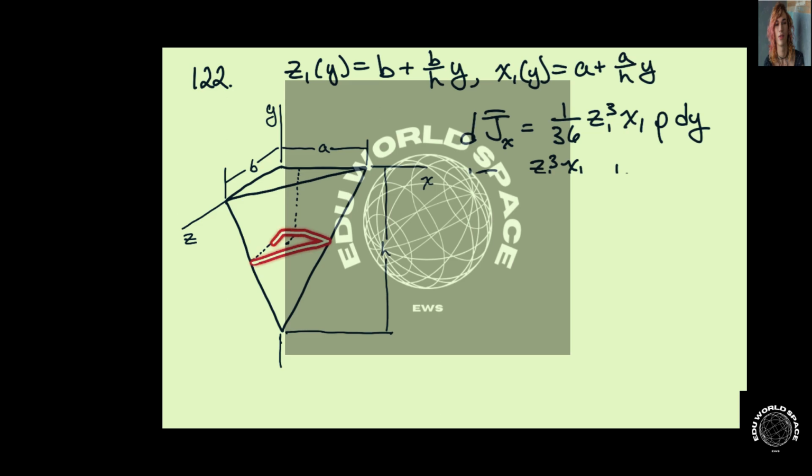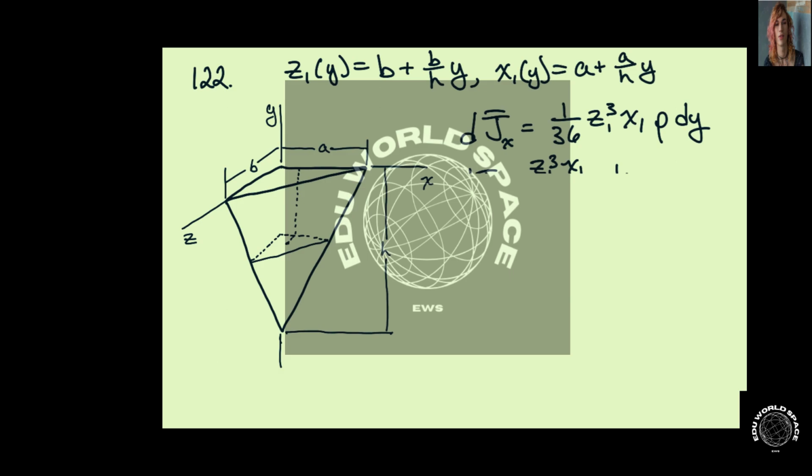The differential mass moment of one of these little triangular slices about its center of mass, we can use the area moment times rho times the thickness, and the thickness is just going to be our differential element dy.